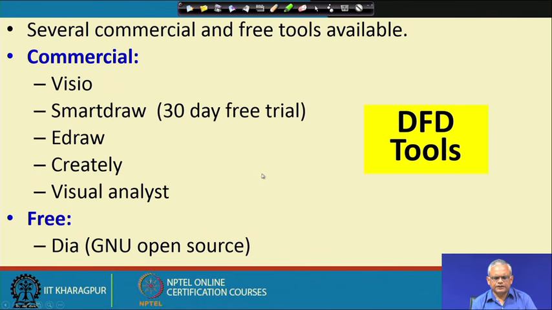You can just pick them and paste wherever necessary, and draw the data flow arrows between bubbles. And almost every tool develops the data dictionary as you develop the functional model.